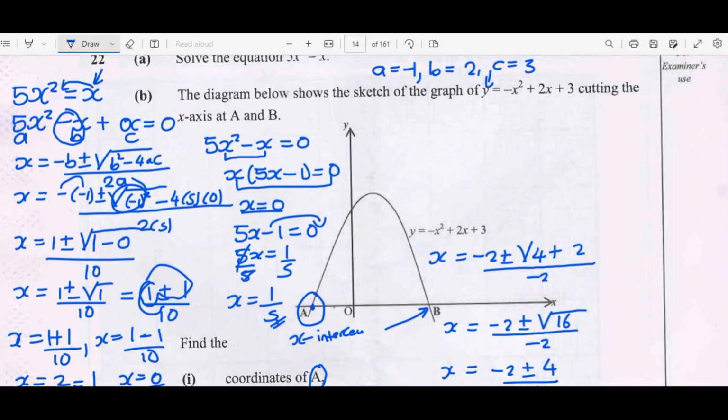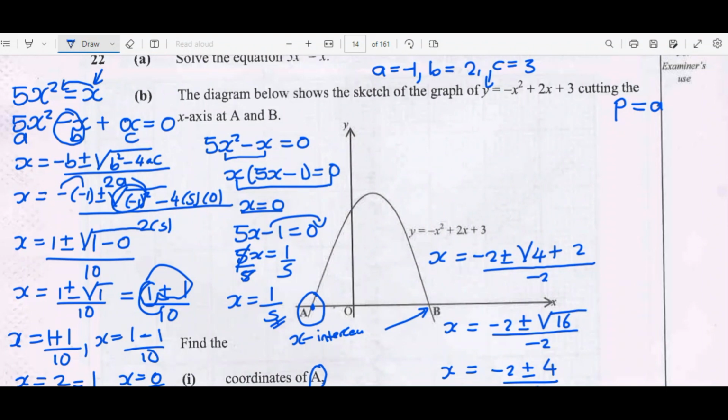Right, so the product P is found by multiplying the value of A and the value of C. The value of A is negative 1, then the value of C is positive 3.